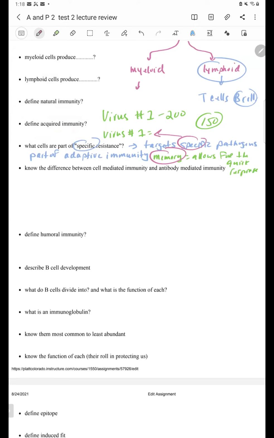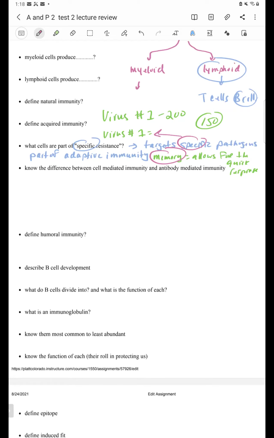So if they see virus number 1 again, then immediately the specific pathogens will go and attack, because now it is stored in their immune memory. And so likely they won't show symptoms again, because it'll attack it before symptoms are allowed to even surface.